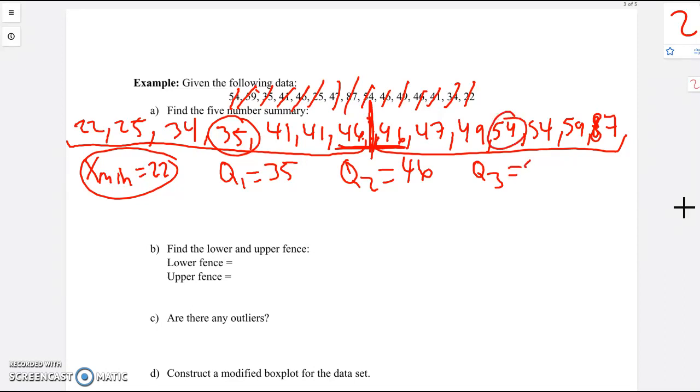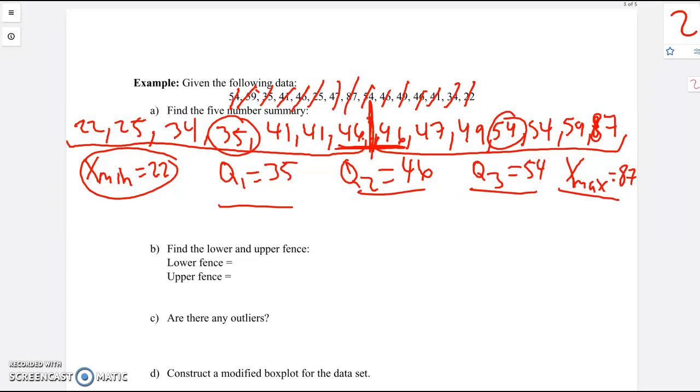And the last one, X max, is just going to be 87. That is a 5-number summary, the 5 numbers I need to make my modified box plot.